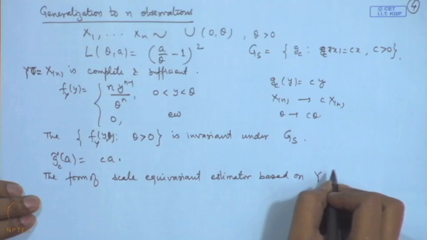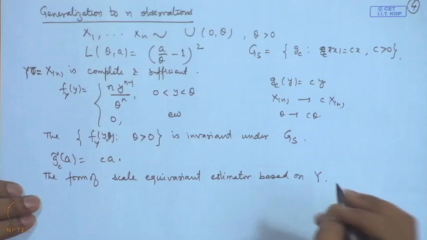So, rather than starting from x1, x2, ..., xn, we will initially restrict attention to x(n), that is the sufficient statistic.